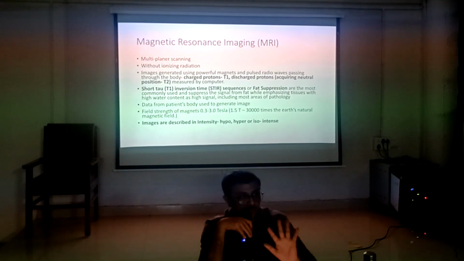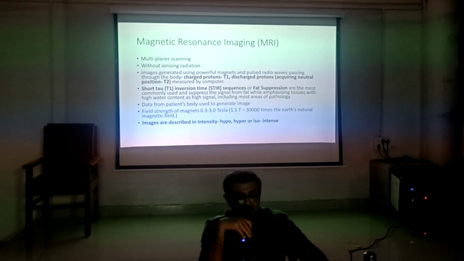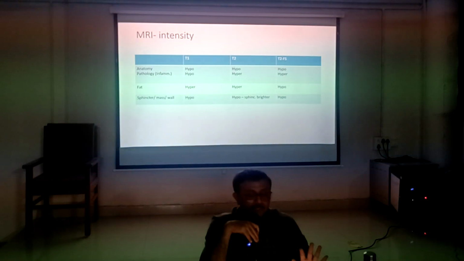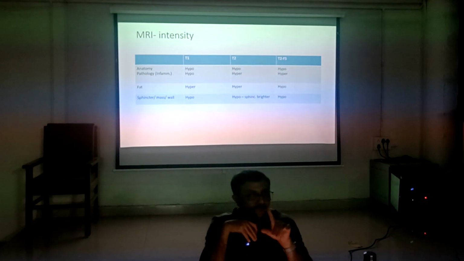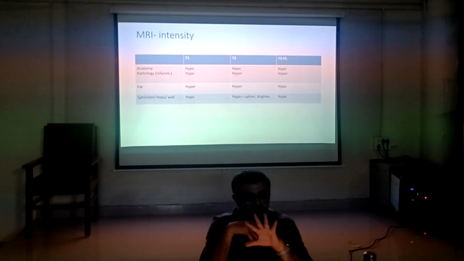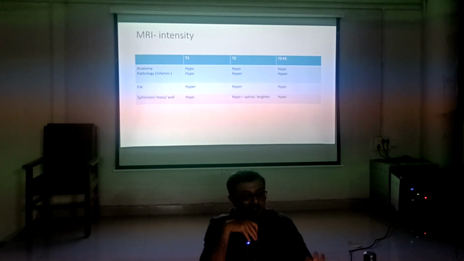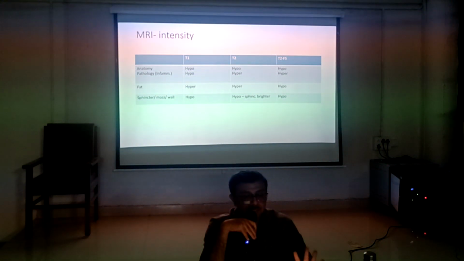So you understand this phenomenon. The tables are simplified: T1, T2, T2 plus fat separation, stored image. The third thing is anatomy and pathology. Anatomy is hypointense in T1.